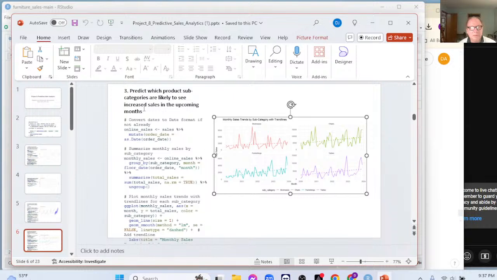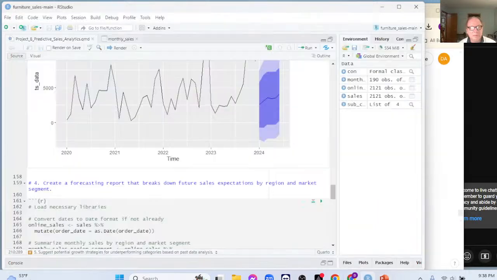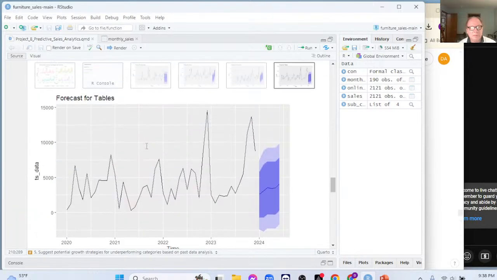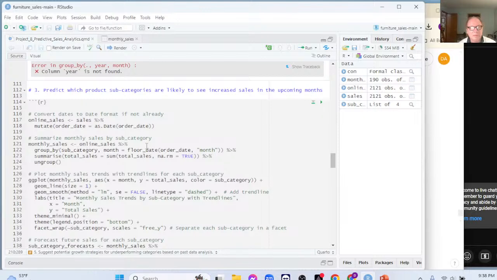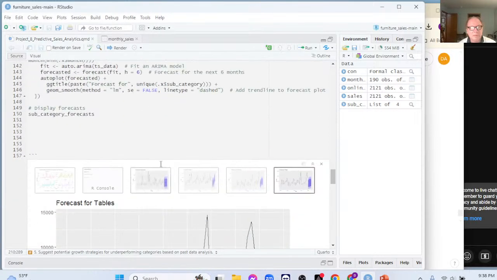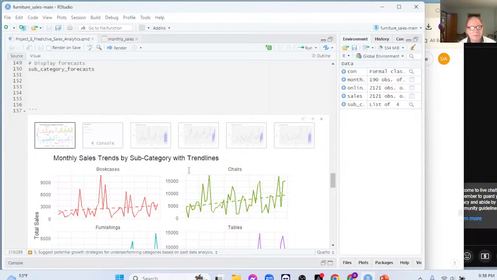What's this again? Predict which products, subcategory. Interesting. Okay, what is displayed on this? Oh, this is what we're looking for.